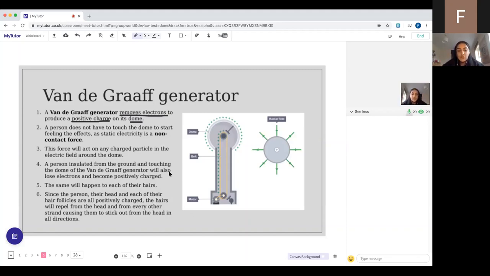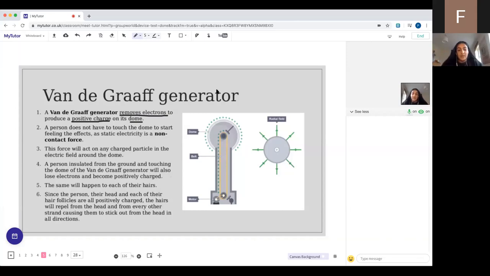Because you're stood on the ground and you're touching the dome of the generator, you lose electrons and become positively charged. Now the same thing happens to your hair, and it's kind of weird, but you might see when people touch a Van de Graaff generator and they're standing on the ground, their hair sticks up.